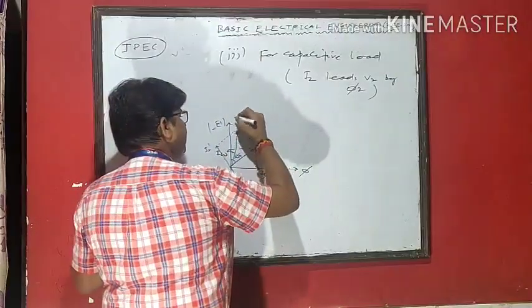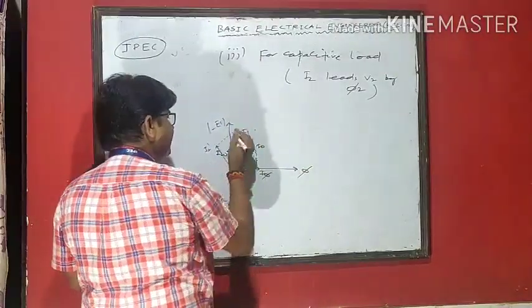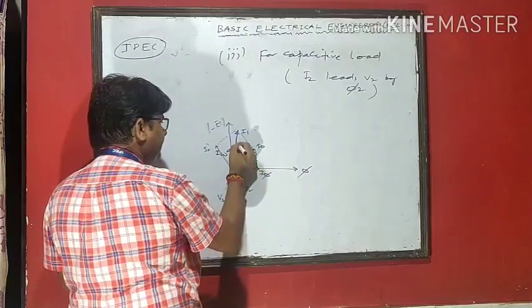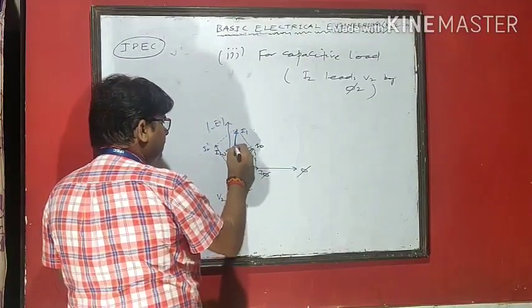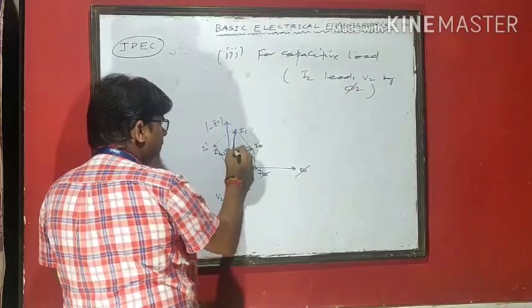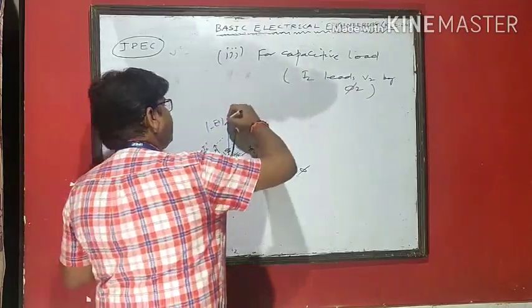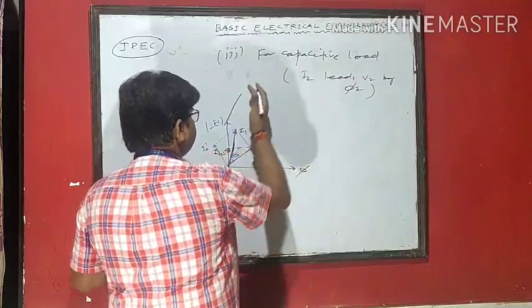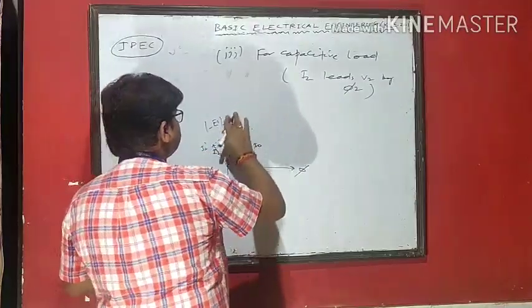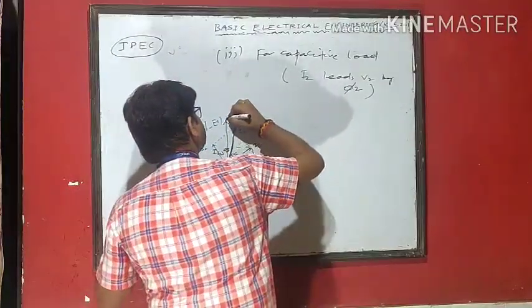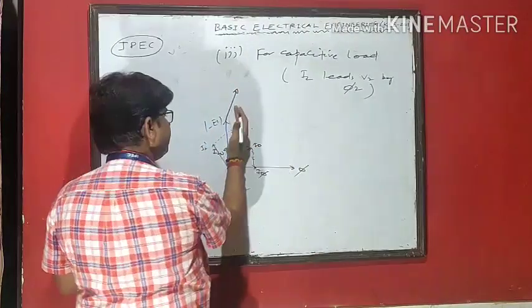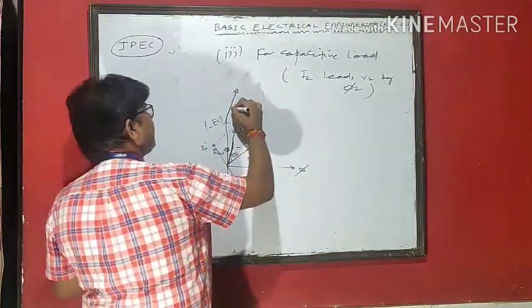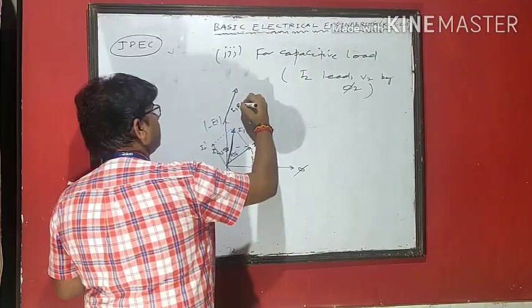That is the voltage drop across the resistance, so it is on the same straight line, in the same phase as I1.